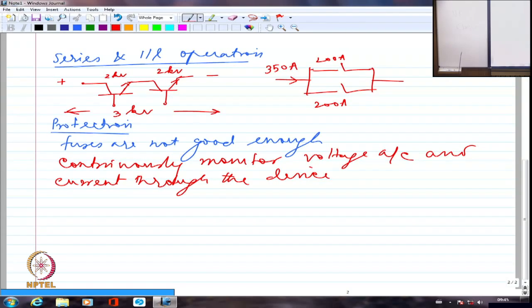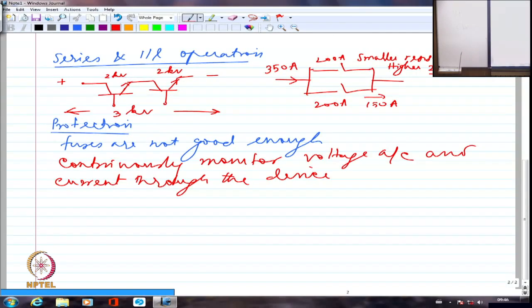Let us say the resistance in one of the BJTs is smaller and the other has a little larger resistance. So obviously it will follow the parallel current division rule. Whichever has the smaller resistance will get more current. So let us say this is having smaller resistance, because of which this is going to have a higher current. Rather than taking 175, maybe it is taking 200 amperes. So the rest, 150 amperes, is flowing through this, out of the total 350 amperes.